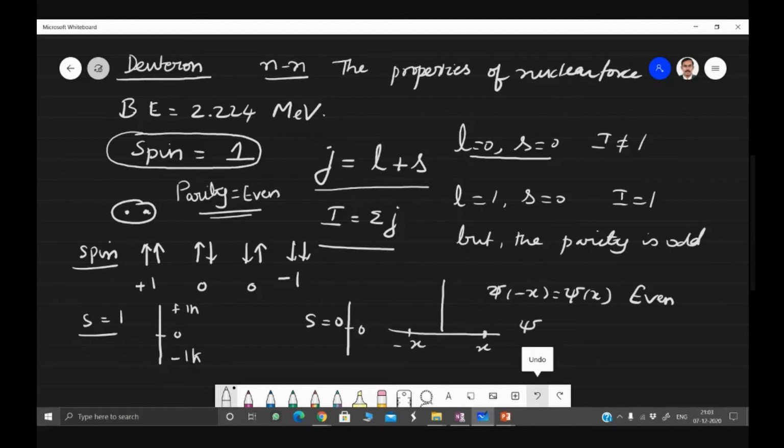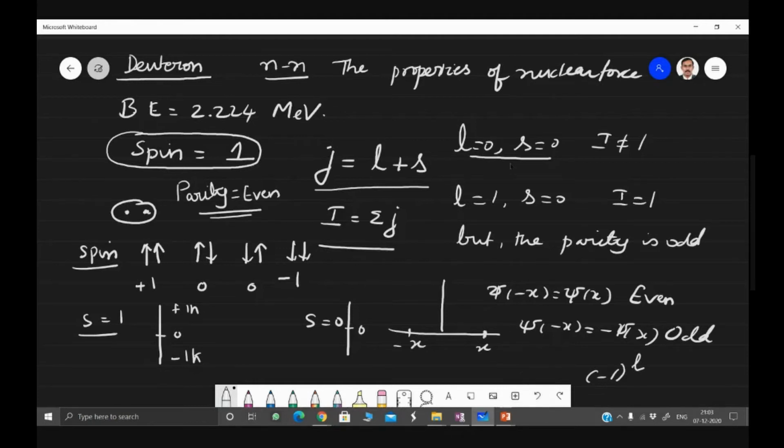Otherwise, if psi of minus x is equal to negative psi of x, the parity is said to be odd. It is related to the orbital angular momentum L by the empirical relation (-1)^L. If L is 0, (-1)^0 gives even parity. If L is 1, then it will have odd parity.